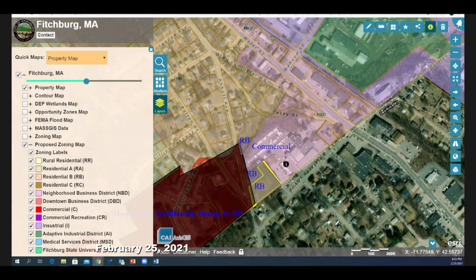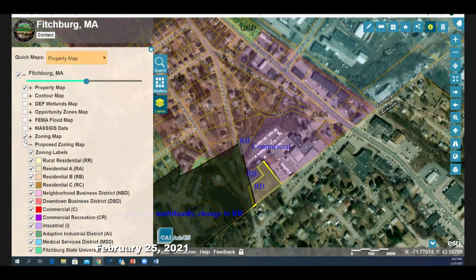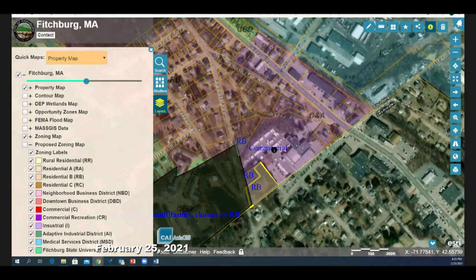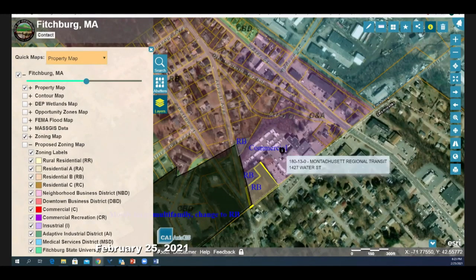I think it was proposed to change it to NBD. It's right now CNA, commercial automotive, but it's a transportation hub. It's the MART, and it's only allowed pretty much in commercial. So it's whether or not to just keep that as commercial for that particular type of use. If you change it to NBD, that use is not allowed there, but Salvation Army is allowed either way. Right. That's fine.